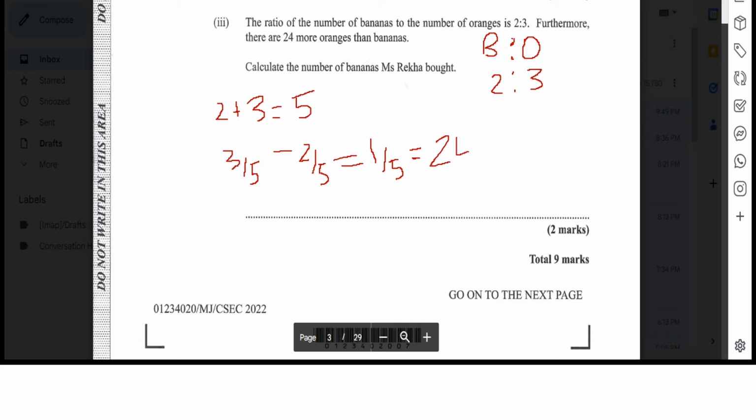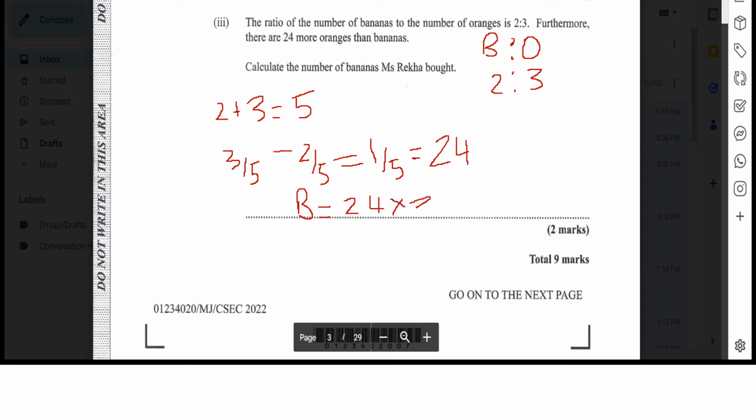So that if 1/5 is 24, and we need to know how many bananas Miss Rika bought, we will simply put here B is equal to 24 multiplied by 2.